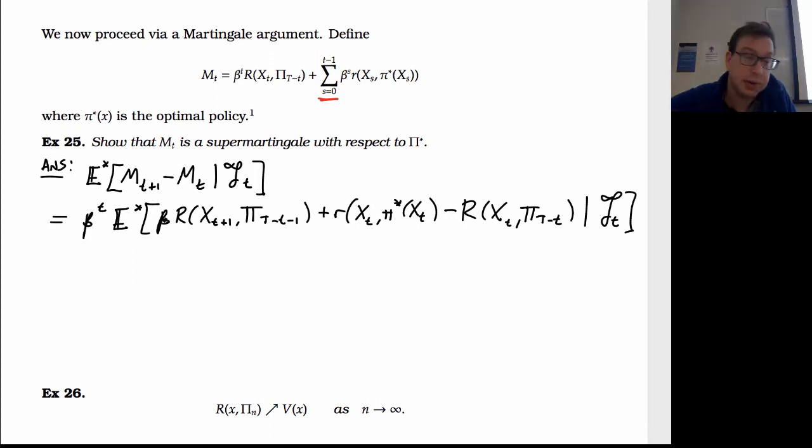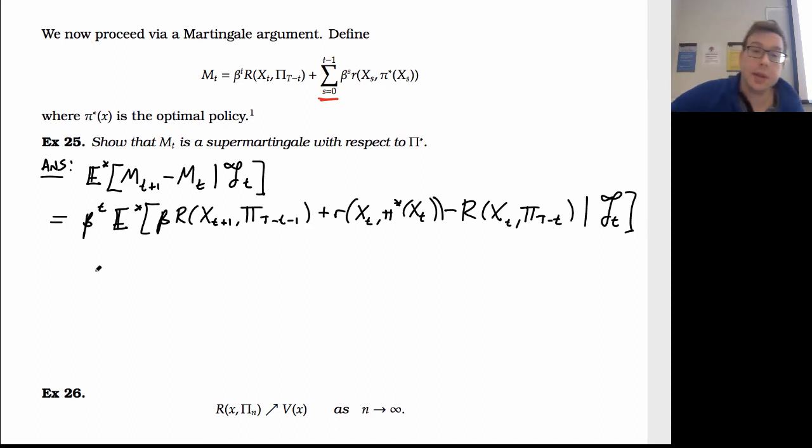Now I can do a little bit of the tower property. Given the state at time t, and given I'm taking the optimal policy at that step, we can then take the expectation of this for the next step.